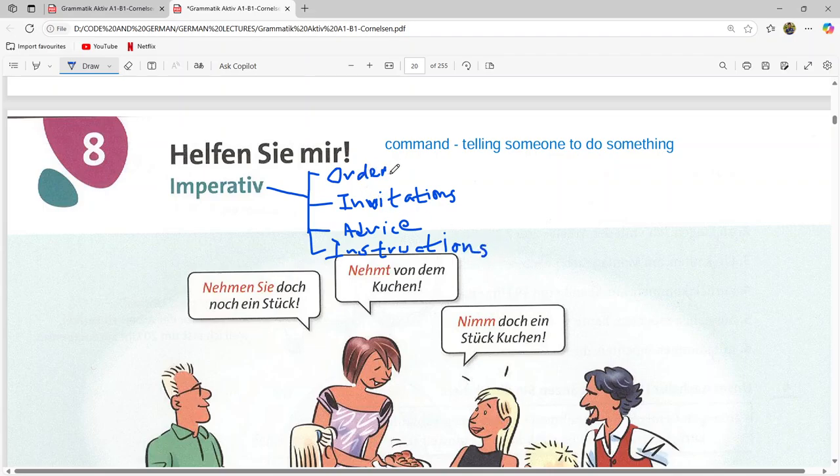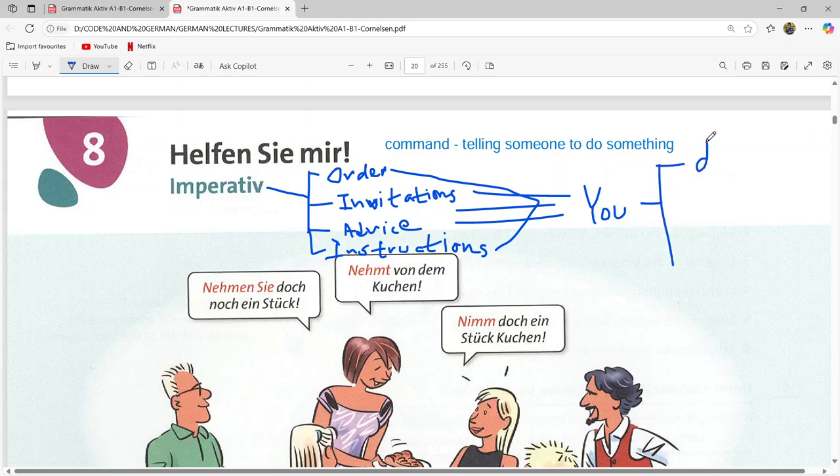Okay, and all these things are told to a person which is a second person, you. In English there is no problem because there is only one type of second person, but in German you have the informal you which is called du, the formal you which is called Sie, and the plural you which is called ihr.